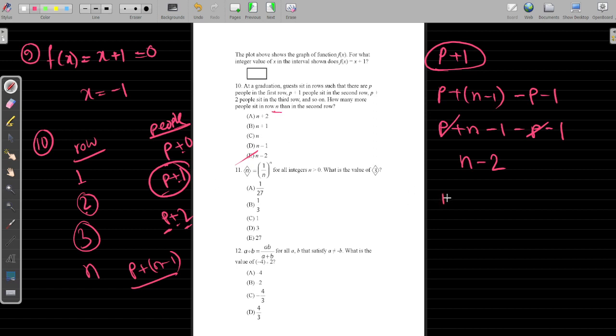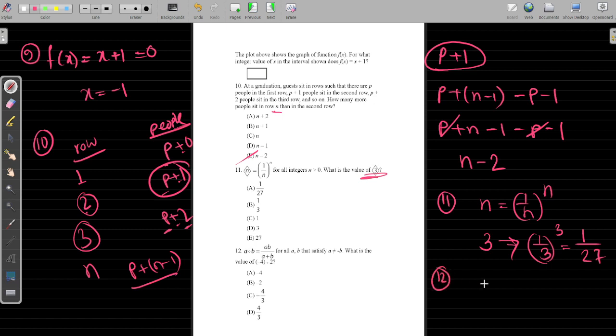Now 11. n equals 1 by n to the power n. So what is the value of n? 3. If I place this value 3 in this equation, then I will find 1 by 3, its power is 1 by 3. So 1 to the power 3 means 1, and 3 to the power 3 means 27. Now I'm going to solve number 12.